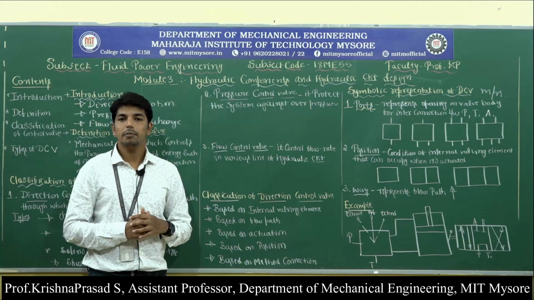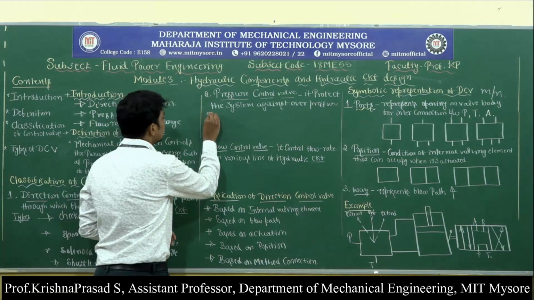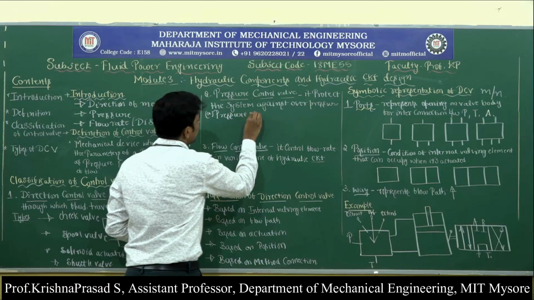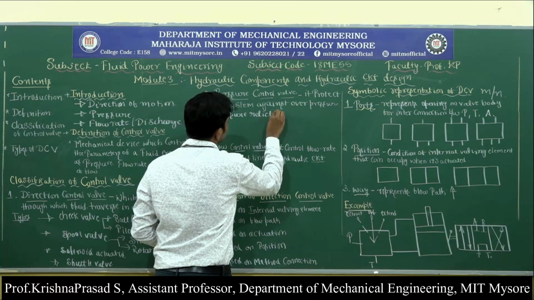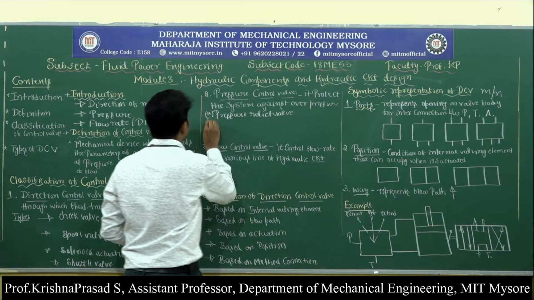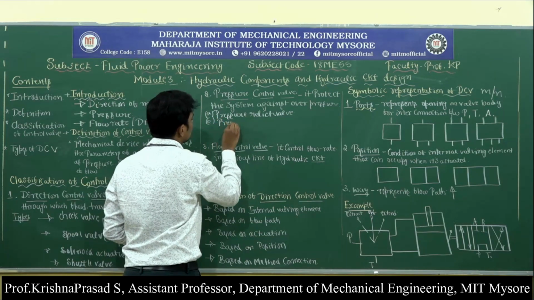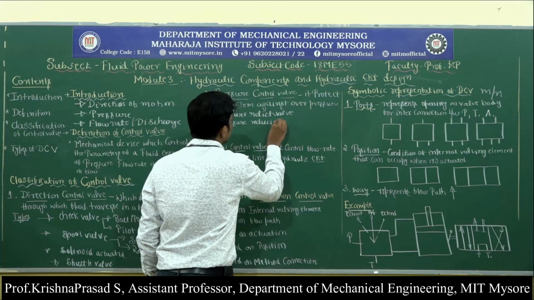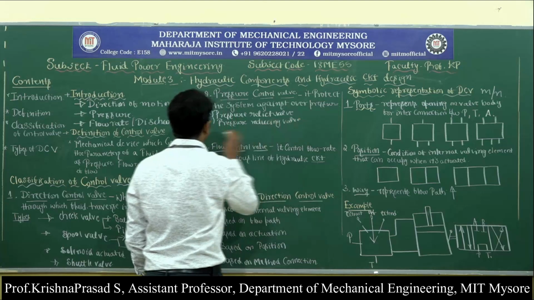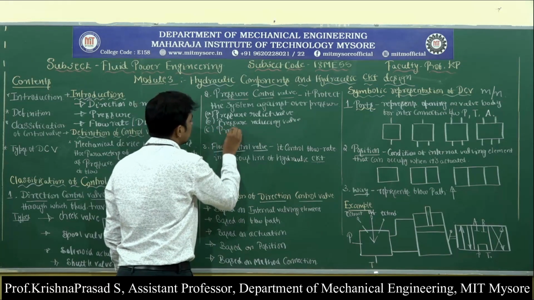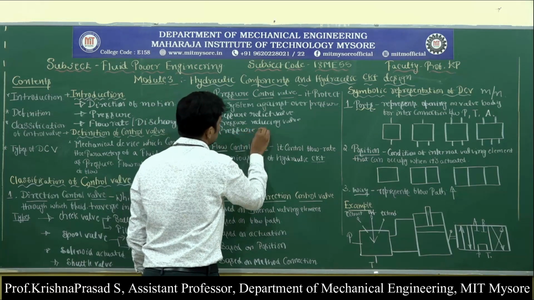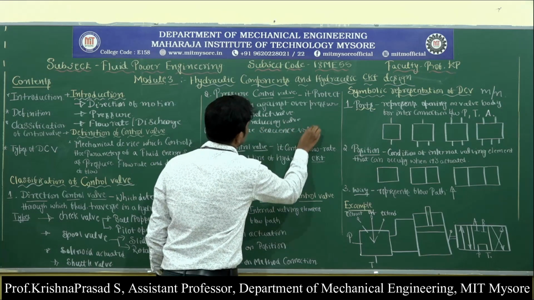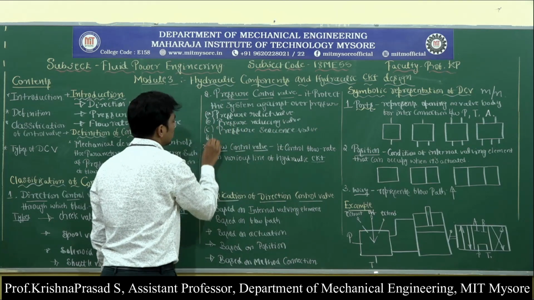Then what are the different types of pressure control valve? First one is called pressure relief valve, then pressure reducing valve, then pressure sequence valve, then counterbalancing valve.